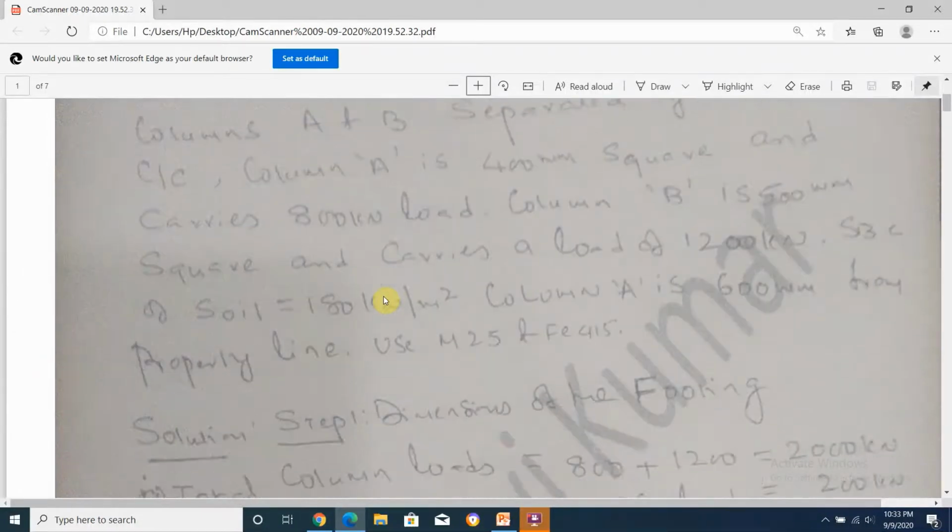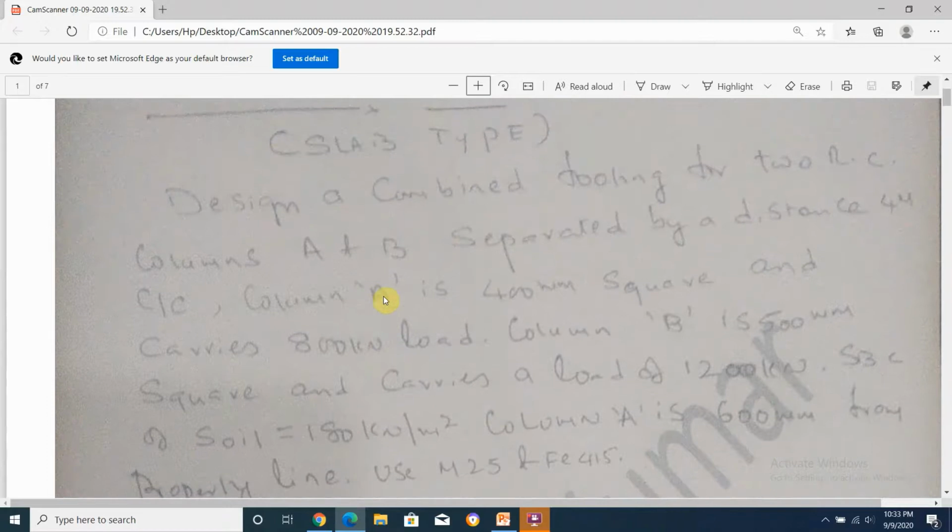The safe bearing capacity of the soil is 180 kilonewton per meter square, and column A is 600 mm from the property line. Use M25 and Fe 415.